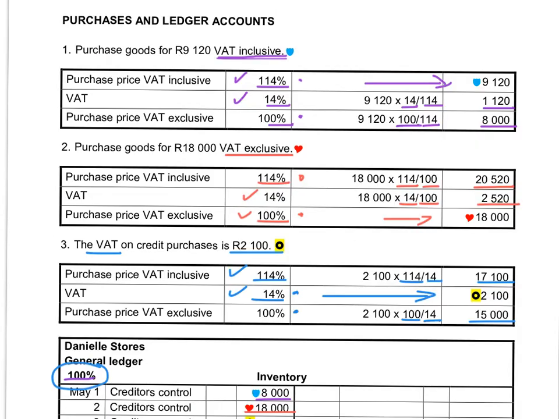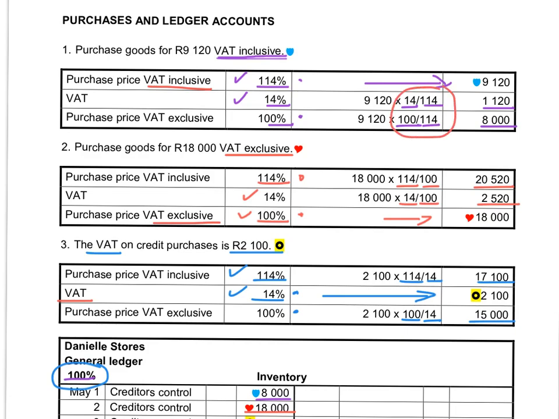If we look at these three calculations, in the one they gave us the VAT inclusive amount as 114. In the other one they gave us the VAT exclusive amount, that means 100. And in the third one the VAT was given. Now if you look at the calculations that we do here, because this is the 114 that's given, what is the calculation?